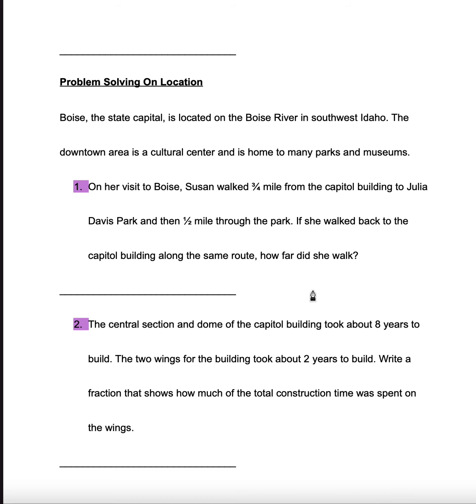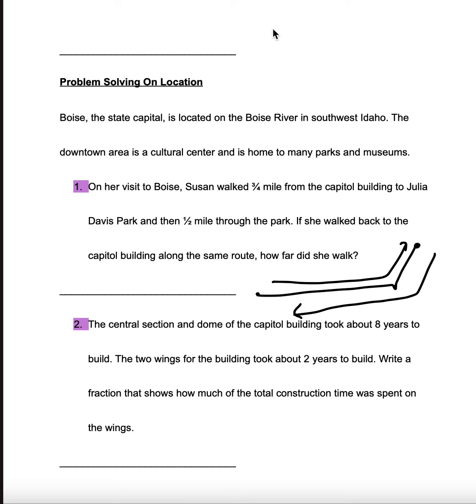So, first we see that Susan walked from the Capitol building to Julia Davis Park, and then she walked through the park for half a mile. Then she walked back. So how much did she walk? We just need to calculate the distance that she traveled the first time and multiply by 2.